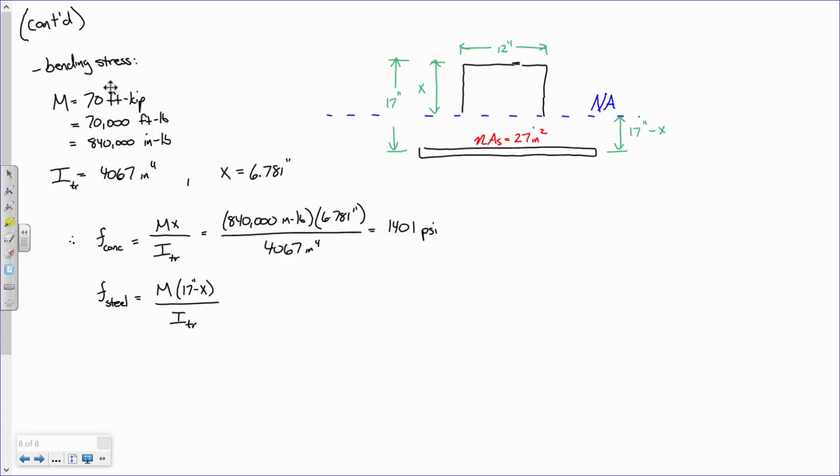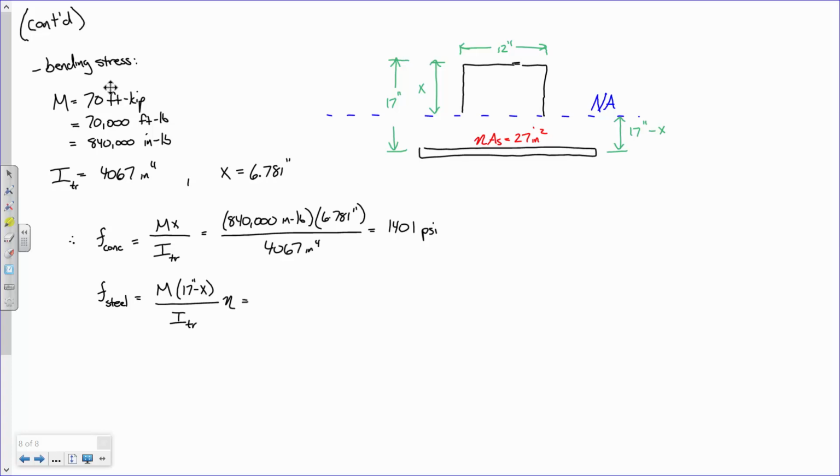Now I need everybody to pay attention to this. This is important. This equation still assumes that this is concrete, but in reality, this is not concrete. This is steel. So in order to bring it back to where we're dealing with steel, we've got to multiply by n. That's the caveat.